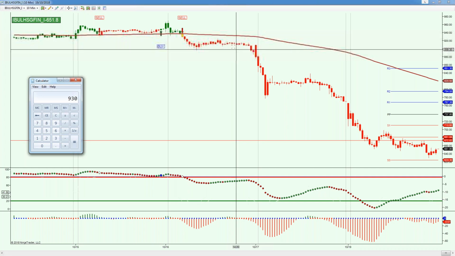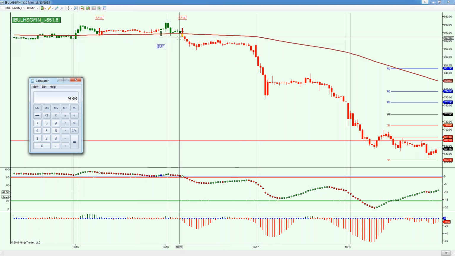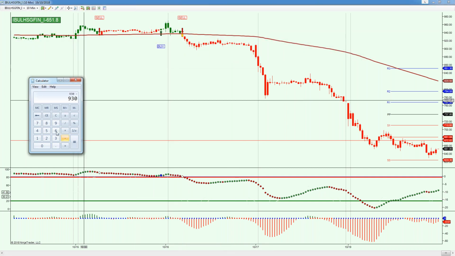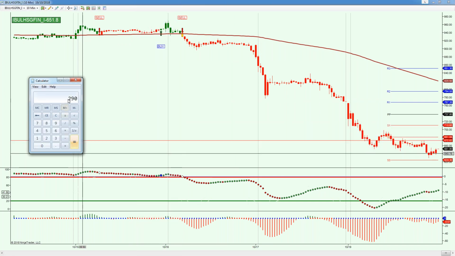So my entry is 930 here for India Bulls, and it made 640. So that's roughly around 290 rupees, and the lot size is 500 here. So in 3 days, you have made a profit of 1,45,000 rupees.